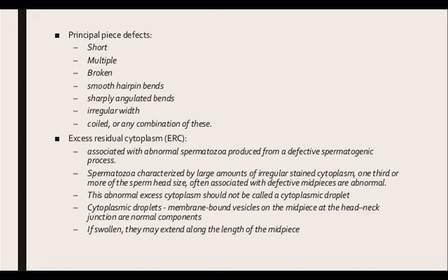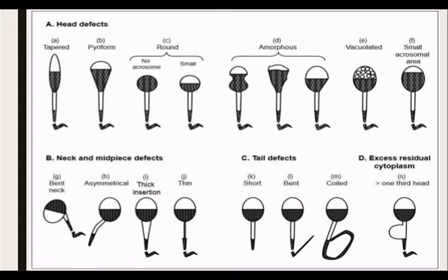This abnormal excess cytoplasm should be called a cytoplasmic droplet. Cytoplasmic droplets, which are membrane-bound vesicles on the midpiece at the neck-head junction, are a normal component. If swollen, they may extend along the length of the middle piece. So these were the abnormal defects.